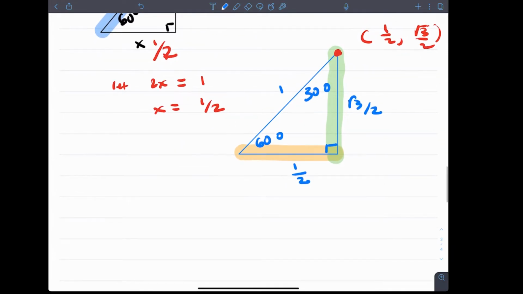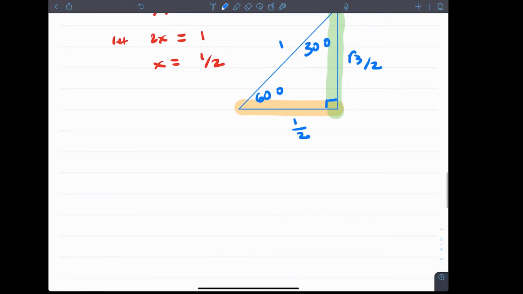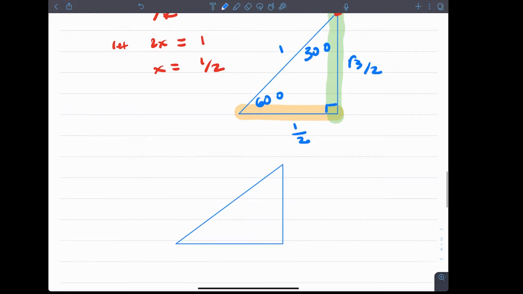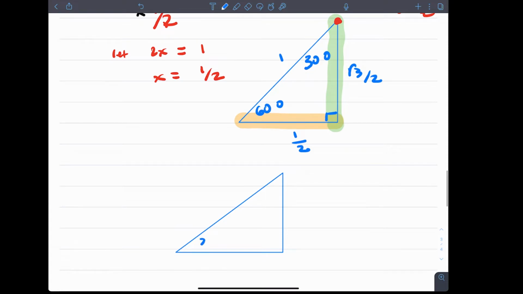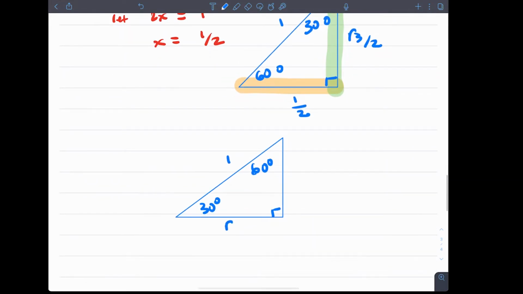Well, I'm going to do something here for you guys. This is one triangle. But if I were to rotate this triangle and make this 30 degrees, which is what we wanted to do, and this is 90, and this is 60 degrees, I have to rotate the top triangle. And the sides next to it are going to be square root of 3 over 2, and this is 1/2 now.